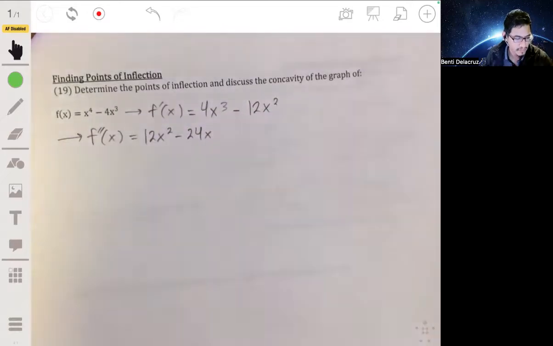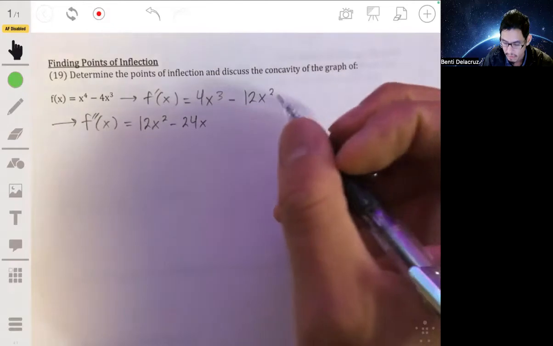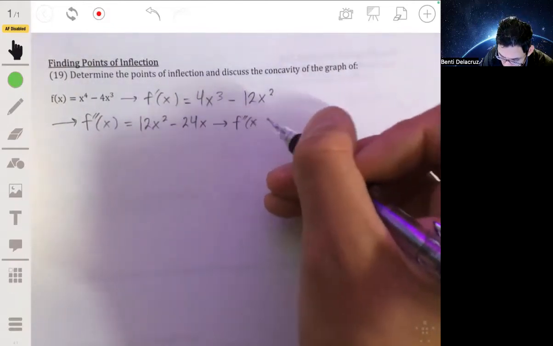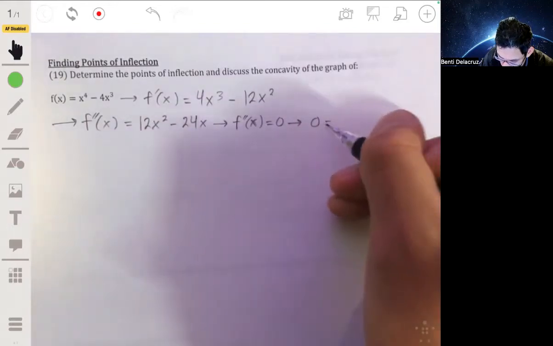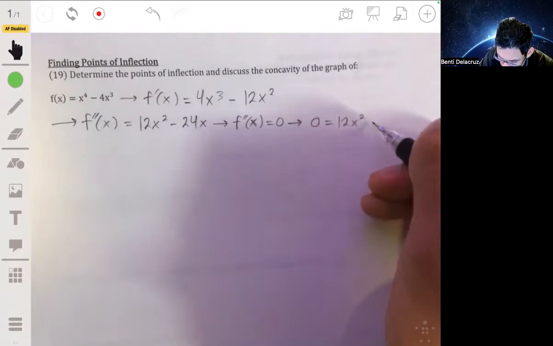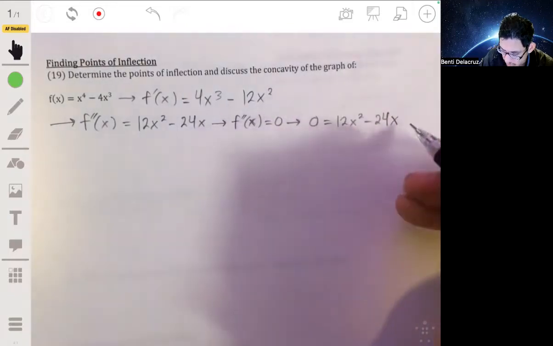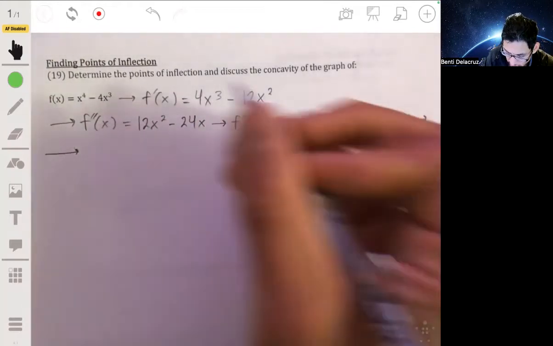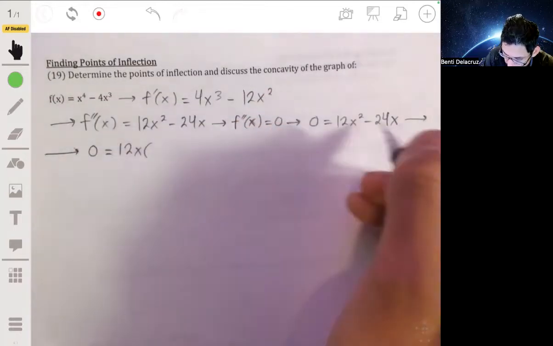We set this equal to 0 and solve for the zeros of this. Let's factor that: 0 equals 12x times x minus 2.